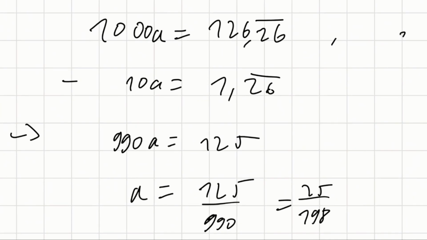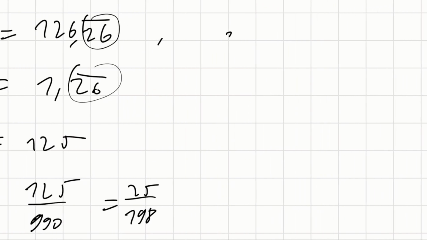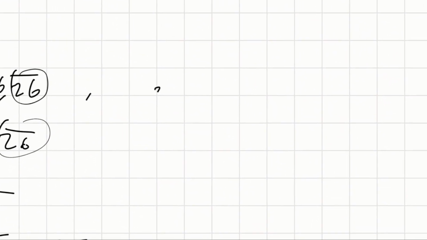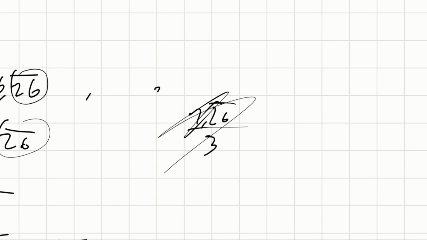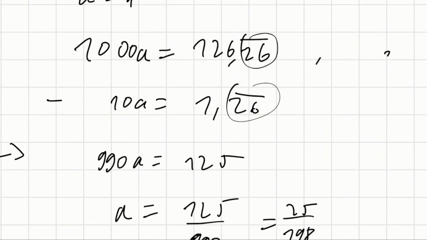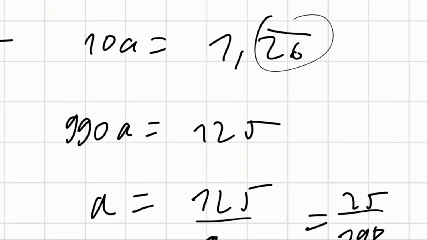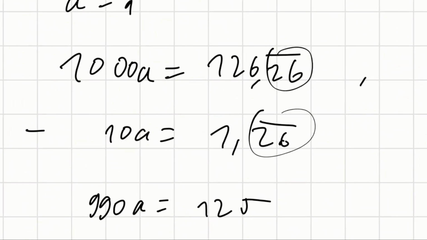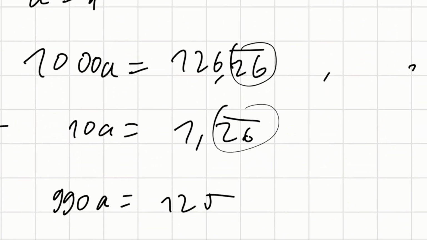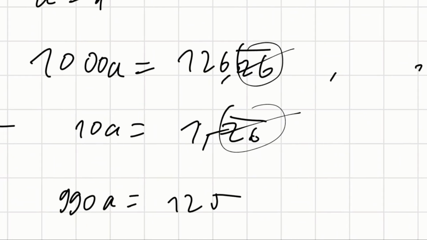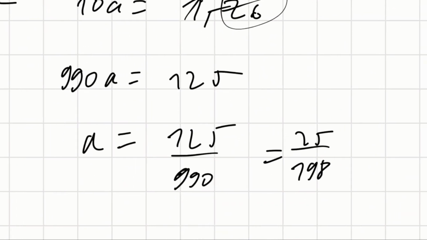Then we're going to subtract 10A, because we don't want to have the period here. If we try to do this in the form where we want to have integers, we can't have this, because this divided by something doesn't work. So we just subtract this from here. We get 990A equals 125, because we just have 126 minus 1, and this gives us 125.